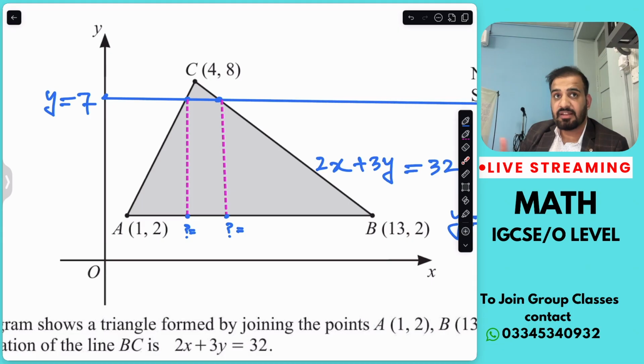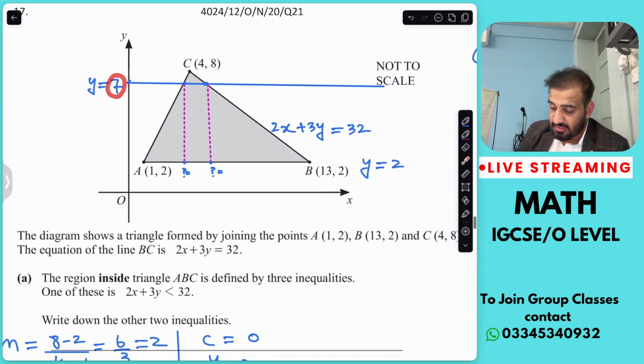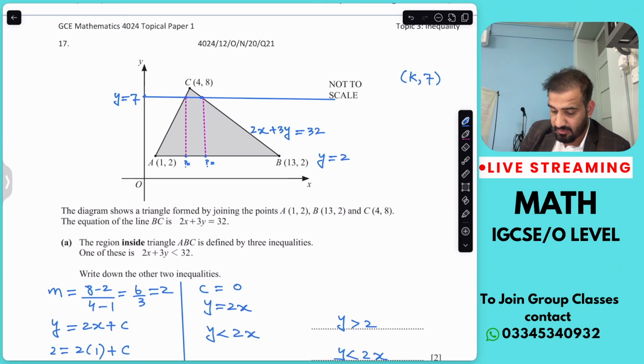My y coordinate is 7. Let's first of all substitute this 7 in this line. This line is y is equal to 2x. So if I substitute y as 7, 7 is equal to 2x, which means 7 over 2 is equal to x.